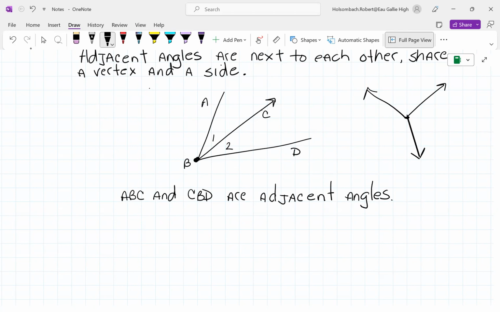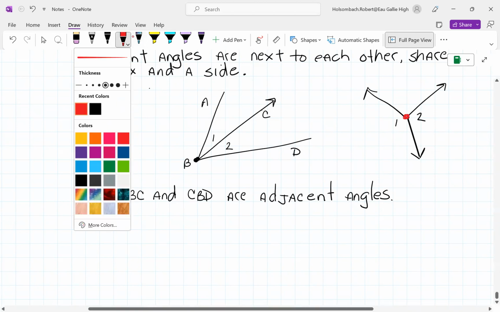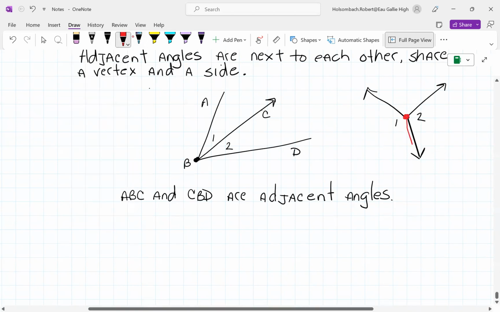All right, again, if I label this angle 1 and this angle 2, angle 1 is adjacent to angle 2. They both share this vertex right here in the middle, the red point, and they both share this side, this red side. All right. So adjacent angles, they share a vertex and they share a side.